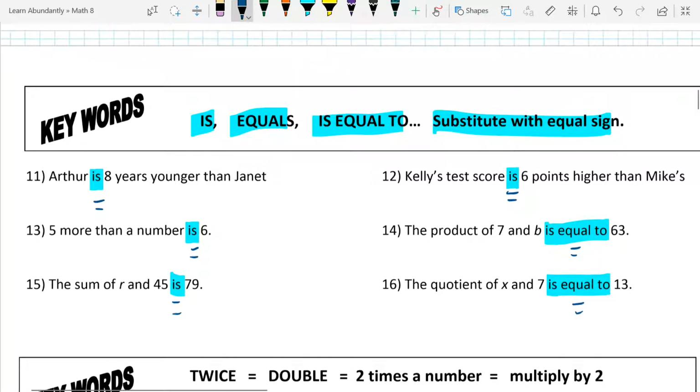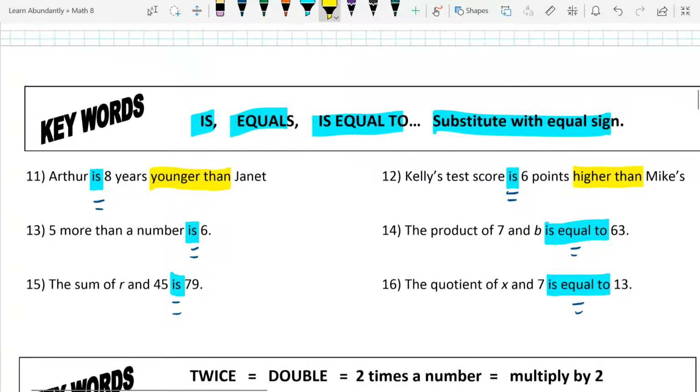And then the next thing we're going to look for is what are our key words. So in the first one we have younger than, which it actually doesn't say less than or more than, it says younger than. In number 12 it says higher than.